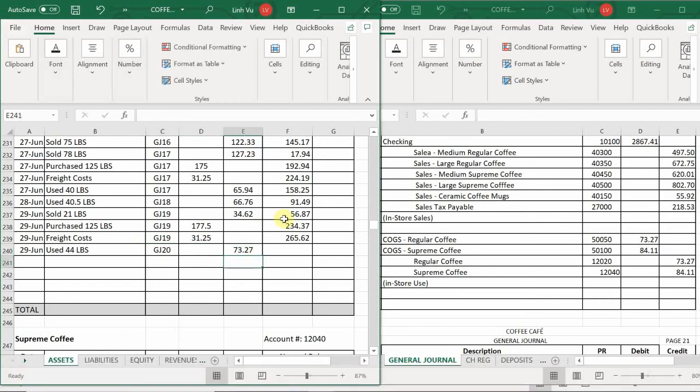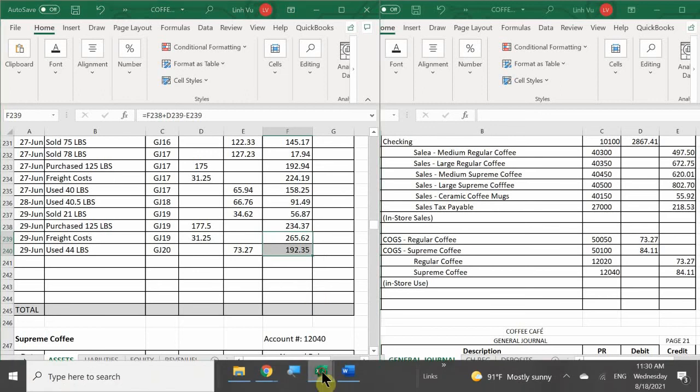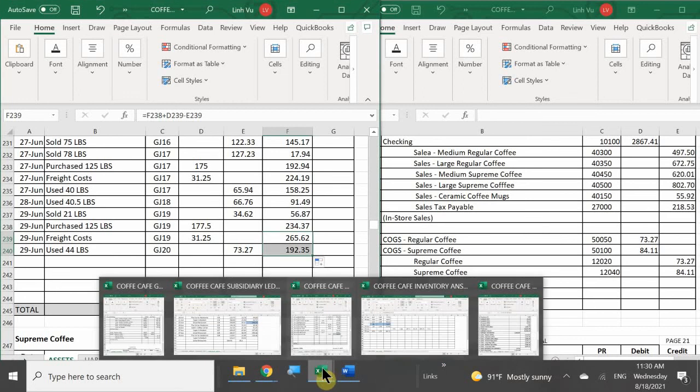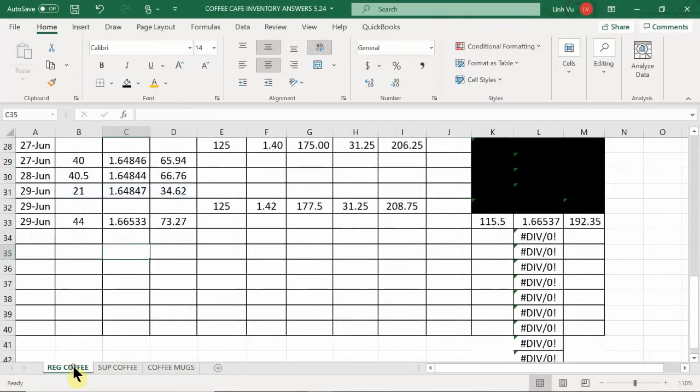So we should have a total amount left of 192.35. Let's see. Did we get 192? Yes, we did. In our inventory worksheet, we got 192.35.